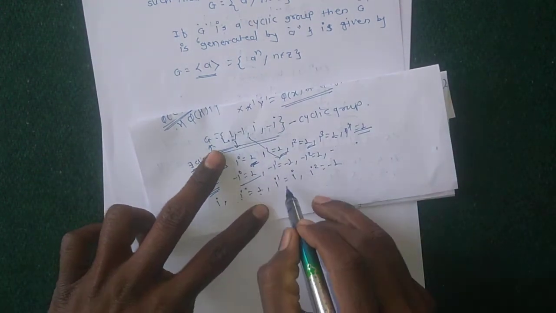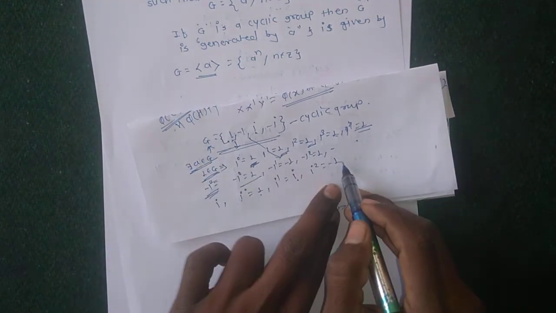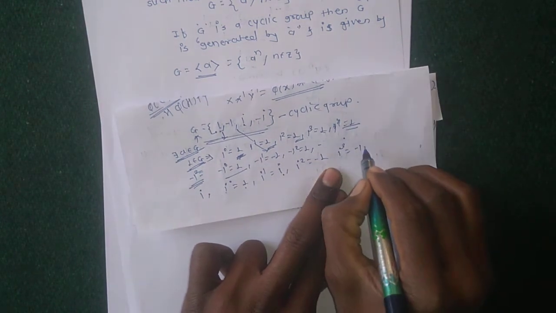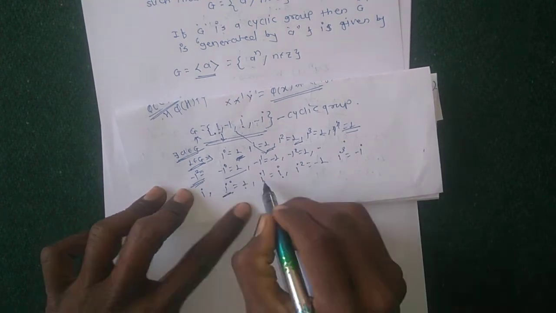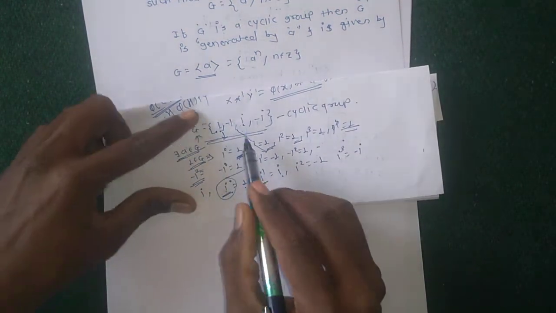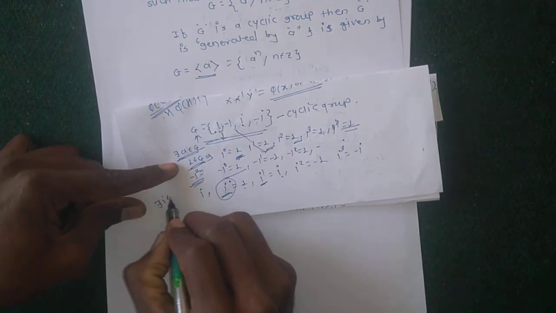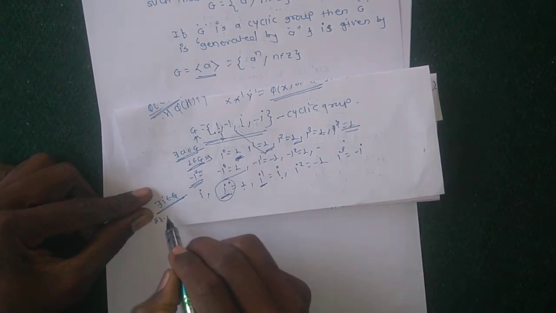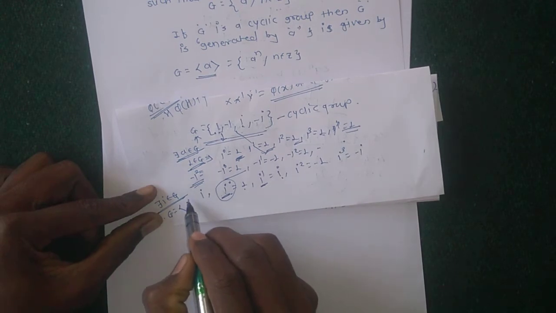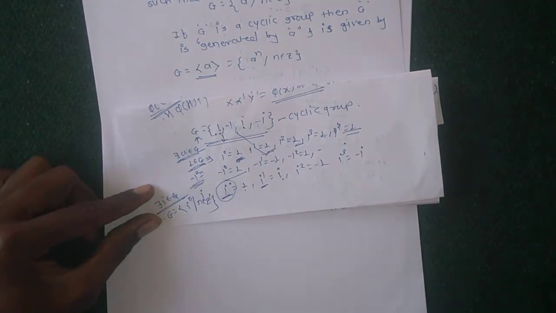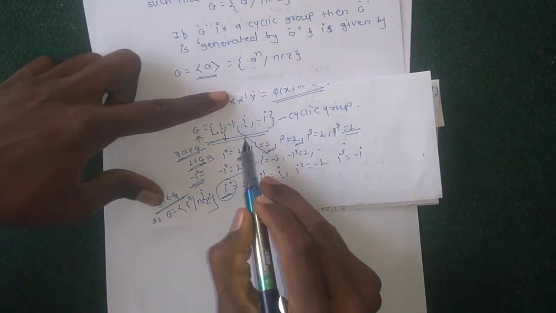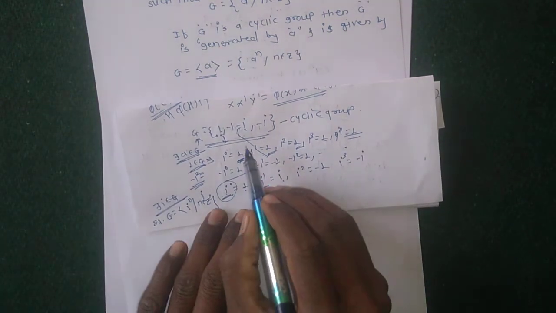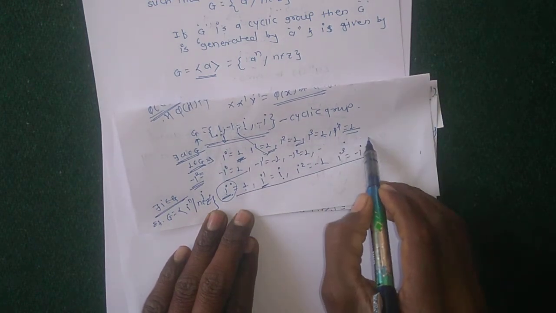This value must be in G. Similarly, -1 must be in G, and i cubed equals -i. So i satisfies the elements of G. There exists i belongs to G such that G equals the elements of the form i raised to n, where n belongs to the set of integers Z.